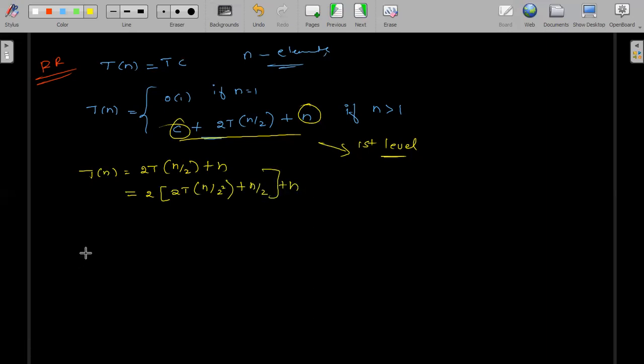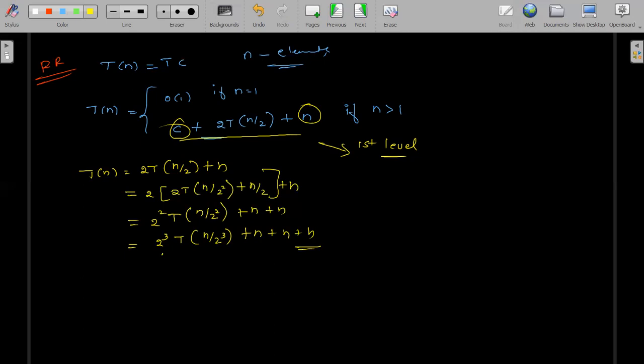Finally, 2 square times T(n by 2 square) plus n plus n. The 2s cancel. Finally, one more level, 2 power 3, same thing, T(n by 2 cube) plus n plus n plus n. So this is the final one you want to get.